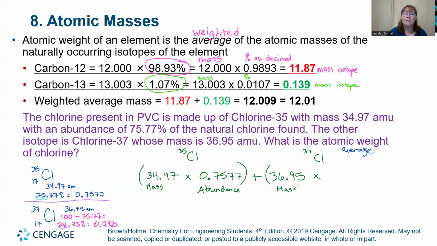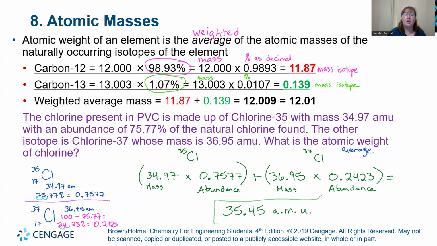So again, this is your mass times your abundance, and that is 0.2423. When I work through all of this, what I will get is 35.45 atomic mass units. And that is the average atomic weight of chlorine.